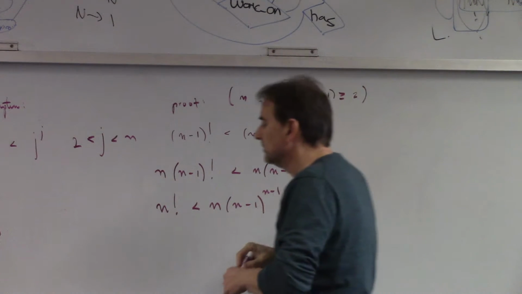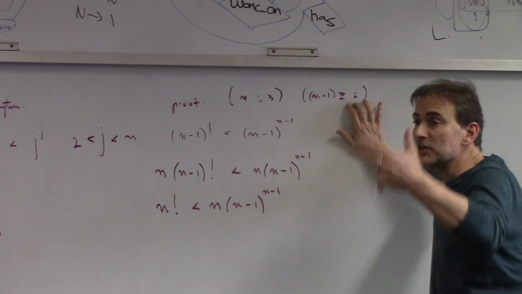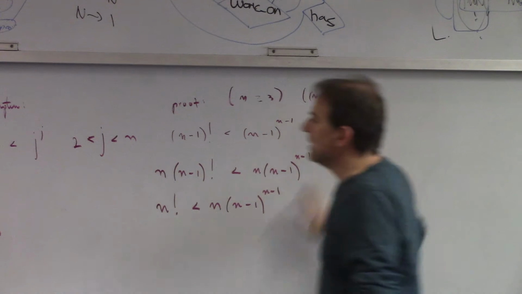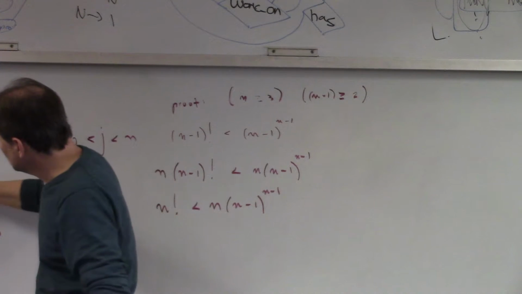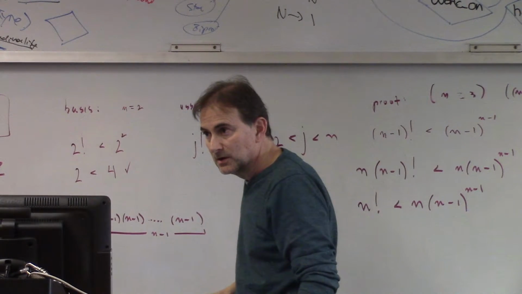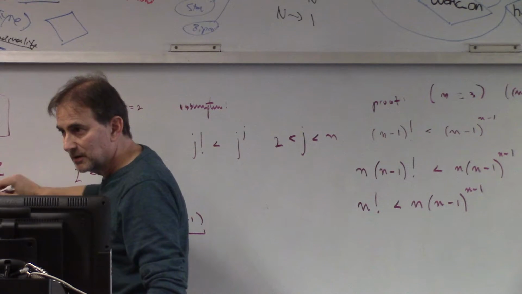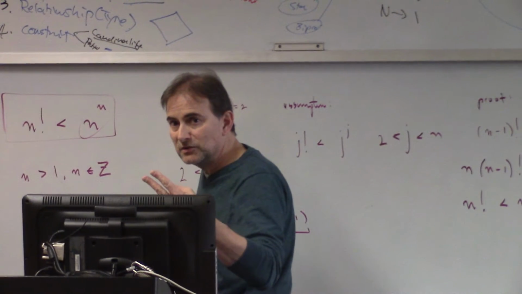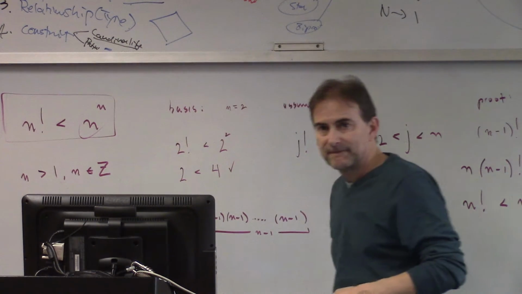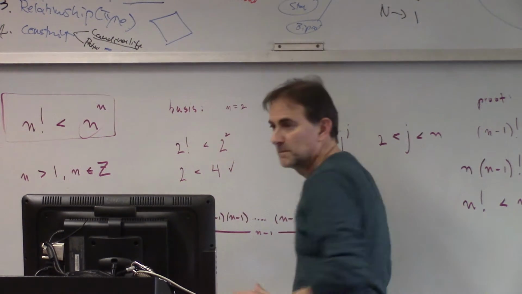Let's take the smallest values possible. Let's assume, for the sake of argument, that n minus 1 is 2. Then I have 2 factors of n minus 1 and 1 factor of 3. And here I have 3 factors of 3. Which value is bigger? Left or right? Right-hand side. Left. Left.